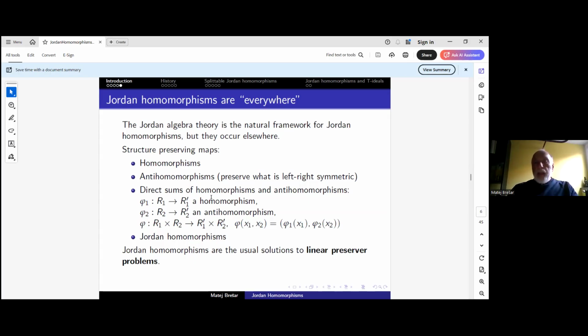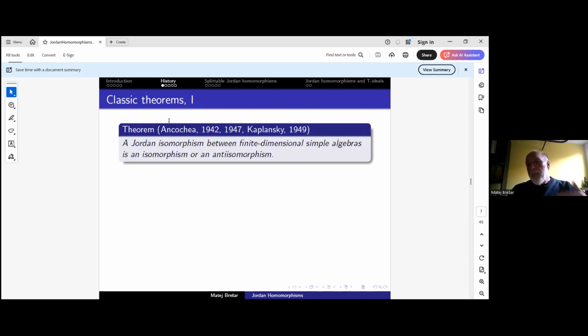People are usually happy with this conclusion, but I think they shouldn't be entirely happy, because they start with associative algebras and then the result is okay modulo the Jordan structure, modulo the Jordan theory, and so one has to come to the final conclusion. And so we can study Jordan homomorphisms to try to obtain their form.